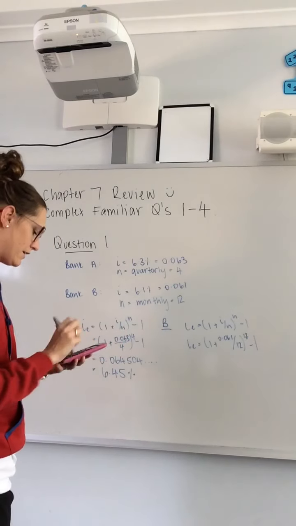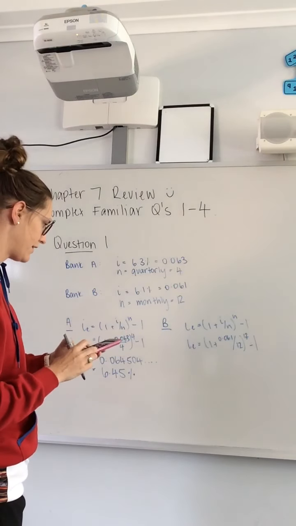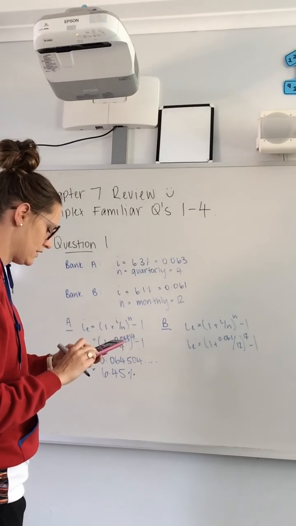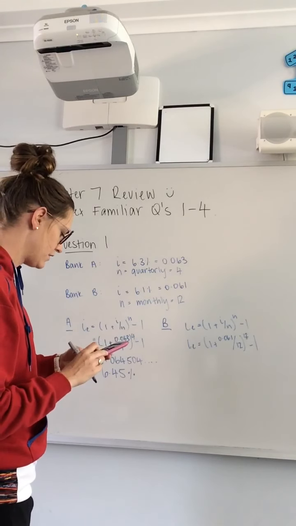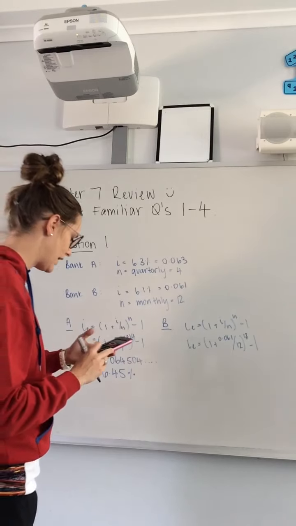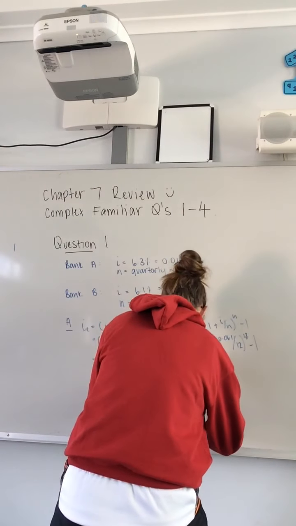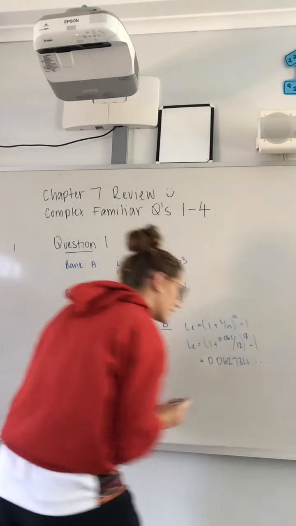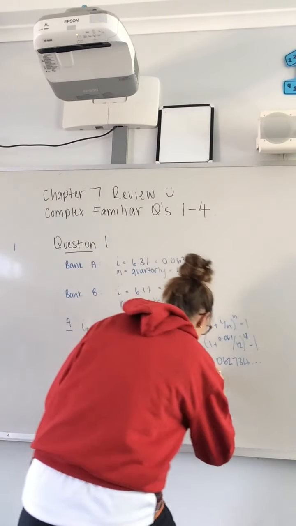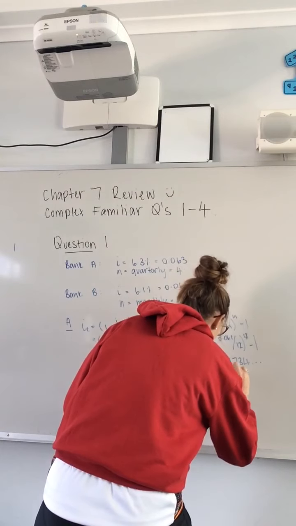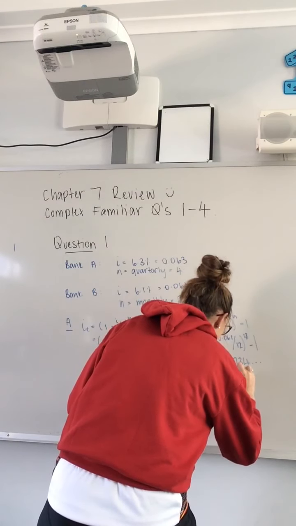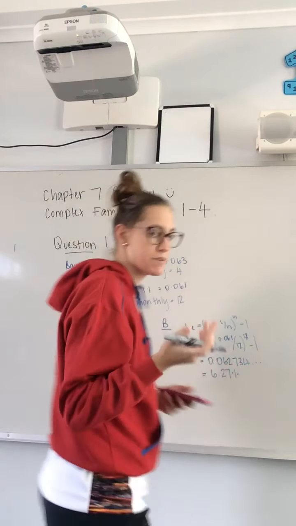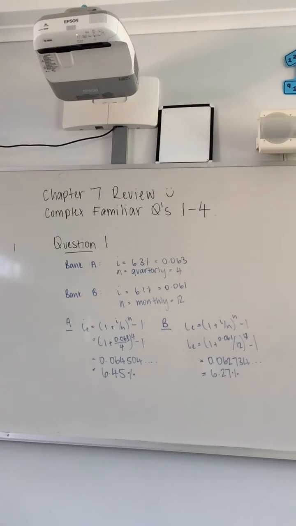When I go to this one, I'm going to do the same thing again. 1 plus 0.061 divided by 12 to the power of 12 minus 1, and I get 0.06273, and so on. I'm going to go straight to a percent, round it to 2 decimal places, 6.27%. Okay, so we've calculated the effective rates. That's pretty simple. Just going to jump back to the question.